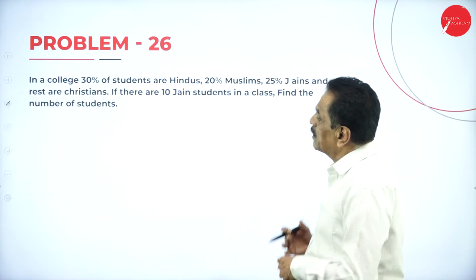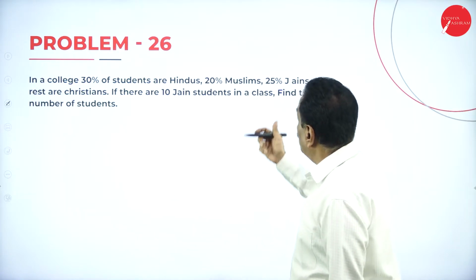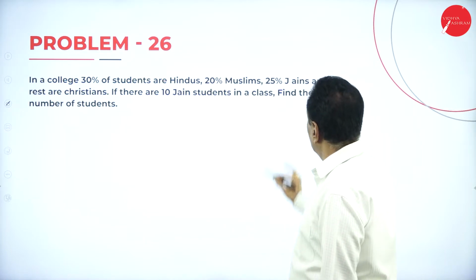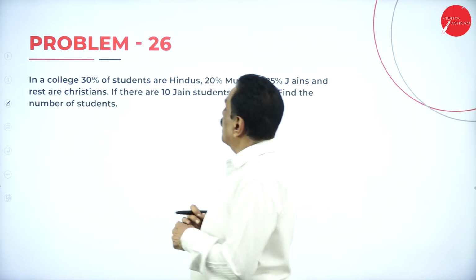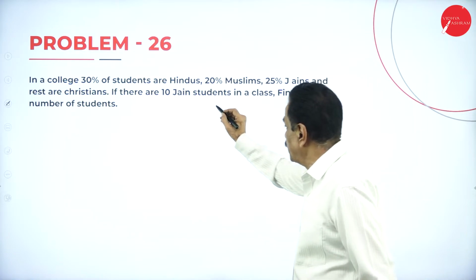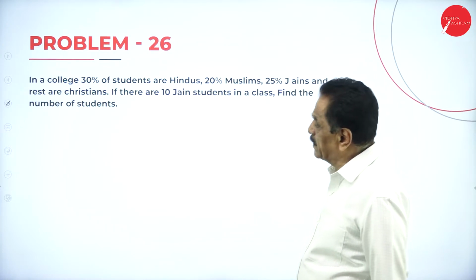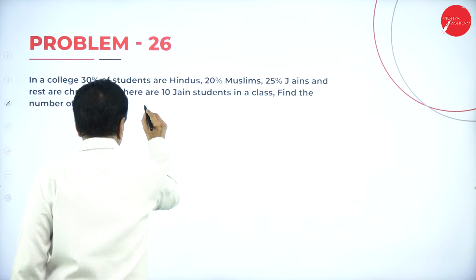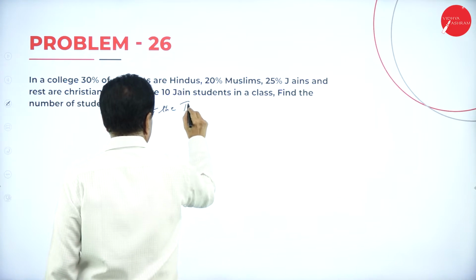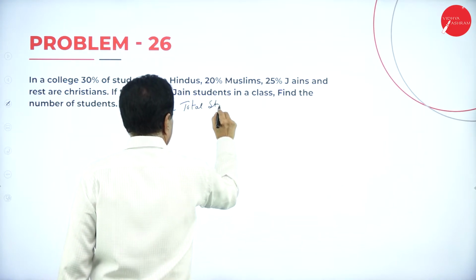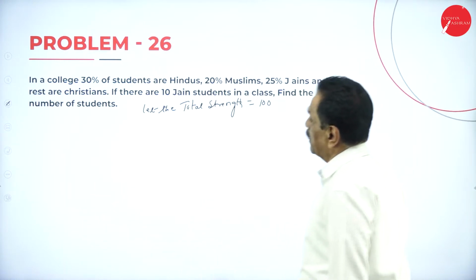In a college, 30% of students are Hindus, 20% are Muslims, 25% are Jains, and the rest are Christians. If there are 10 Jain students in a class, find the number of students. Let the total percentage be 100.